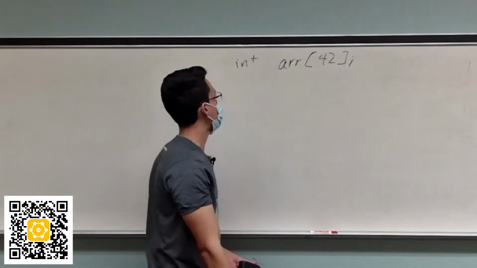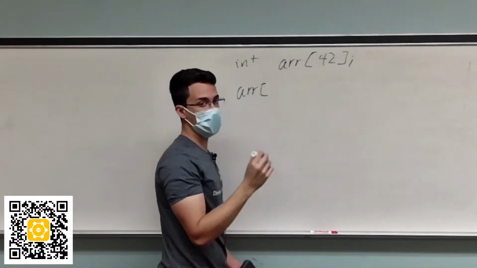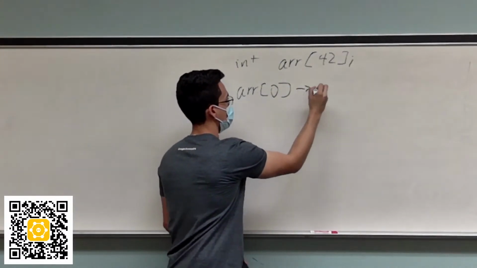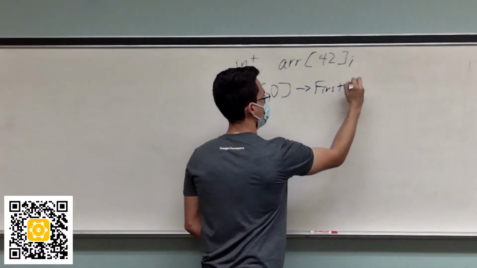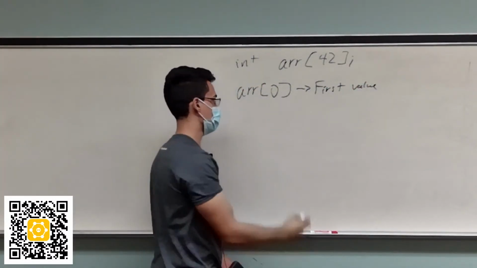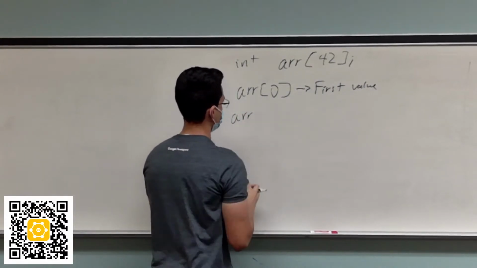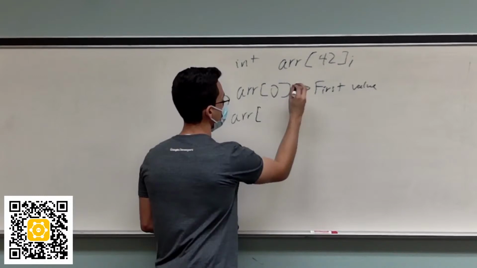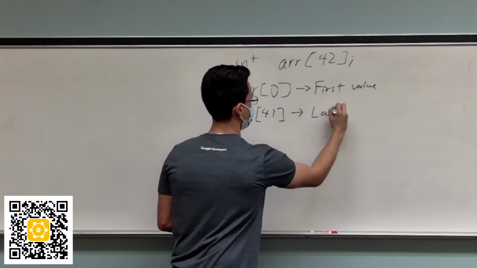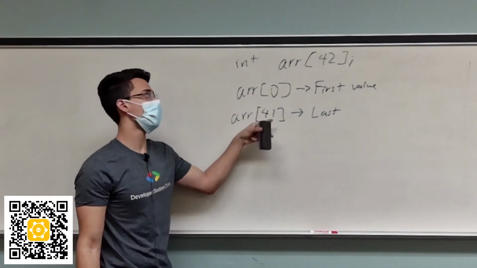And we also know that when you want to get a member of the array, you use numbers. So the first value is index 0, and it goes up to 41 in this instance.